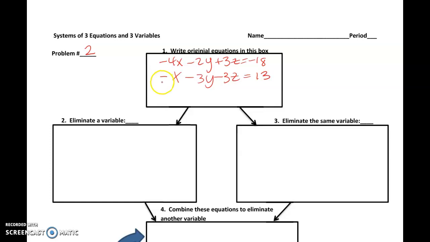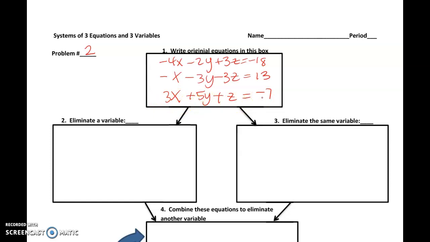Again, double check. Negative x, negative 3y, negative 3z, and 13. Good. Next equation is 3x plus 5y plus z equals negative 7. Quick double check. Positive 3x, positive 5y, positive z, negative 7.